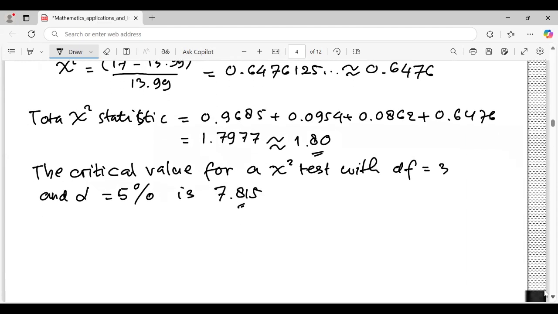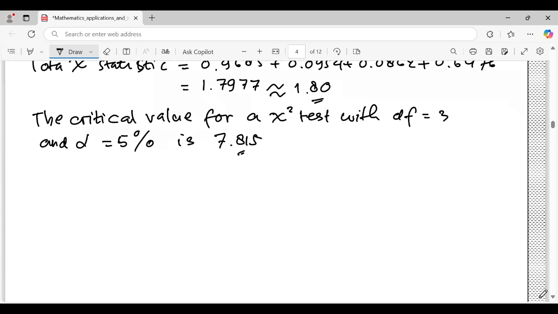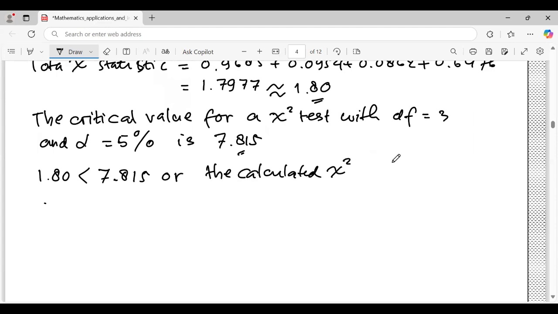And after that, we can compare that this result 1.80 is less than the critical value 7.815, or the calculated chi-squared is less than the critical value.